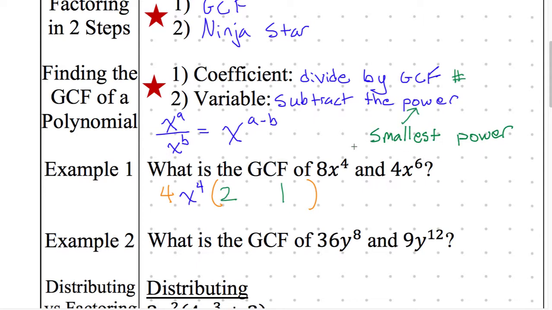So essentially what I'm boiling it down to is x to the power of 4 and x to the power of 6. Which of these has the smallest power? It's clearly x to the power of 4. That is the smallest between these two, so that is going to be the greatest common factor. So 4x to the power of 4 is the greatest common factor.